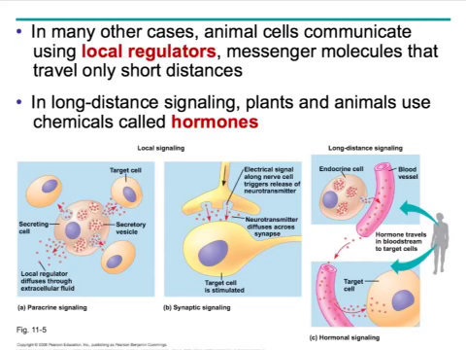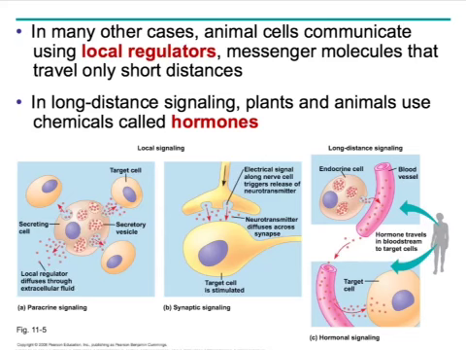So examples of local regulators or parts of your body that will do local regulating would be some of our glands, like our paracrine glands. They will release messengers that when they get into contact with their target cell, it's going to have some effect. It's going to cause that cell to do something or to differentiate or to change its shape or whatever.